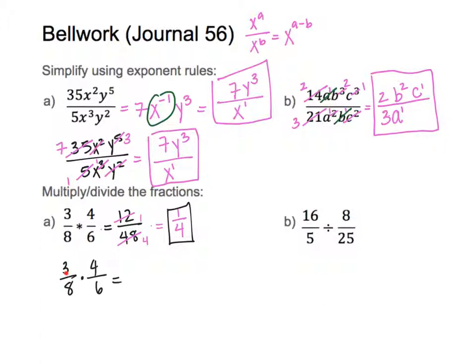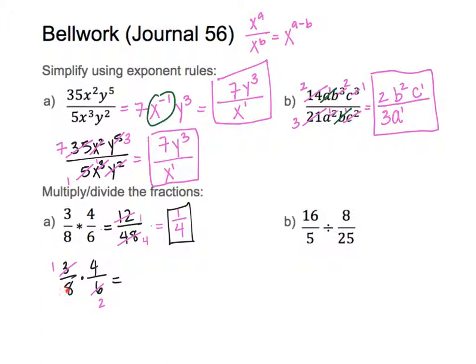So when I look at it diagonally, I want to ask myself what divides into 3 and 6. Okay, so when I look at this here, I can see that what divides into 3 and 6 is 3. So 3 can go into 3 one time, 3 can go into 6 two times.